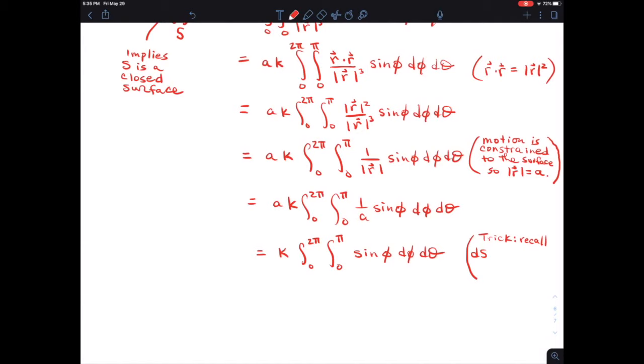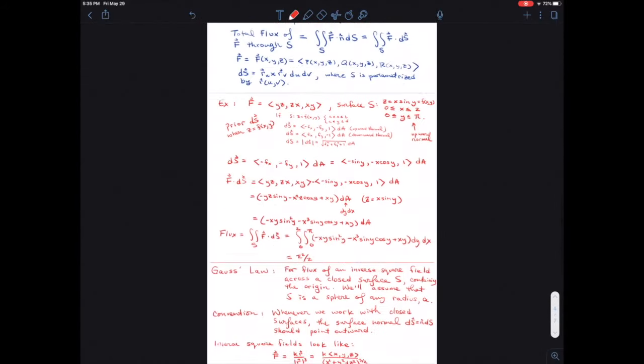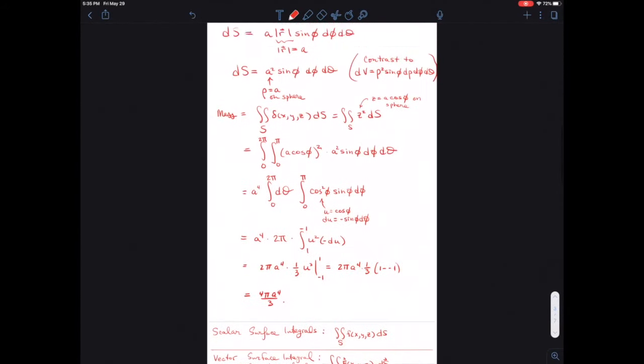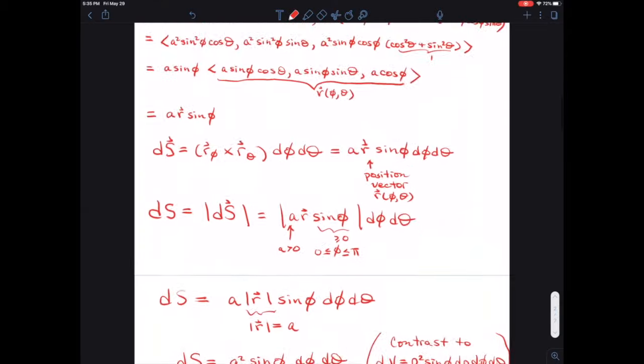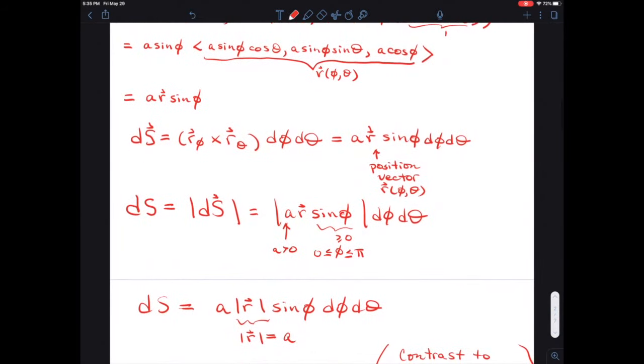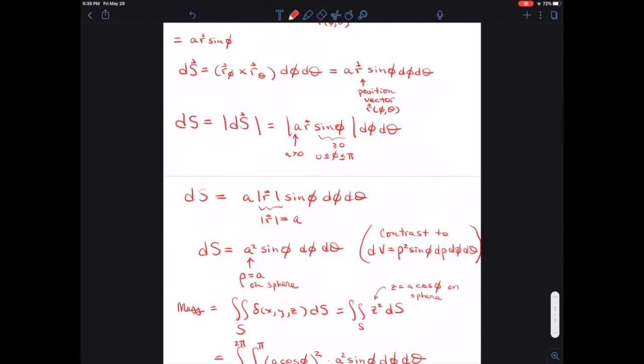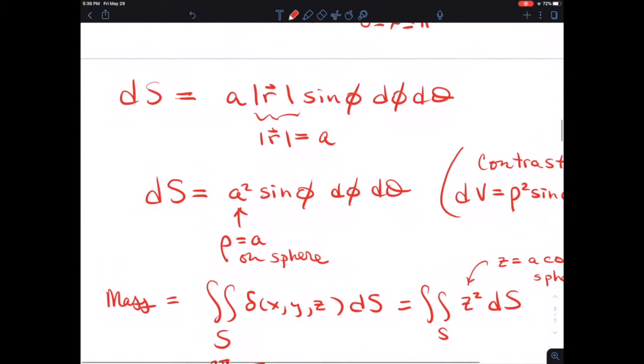So I know that ds, if you go back to the notes, let's just see it here. Oh, here we go. ds, the scalar, is a square sine phi d theta.